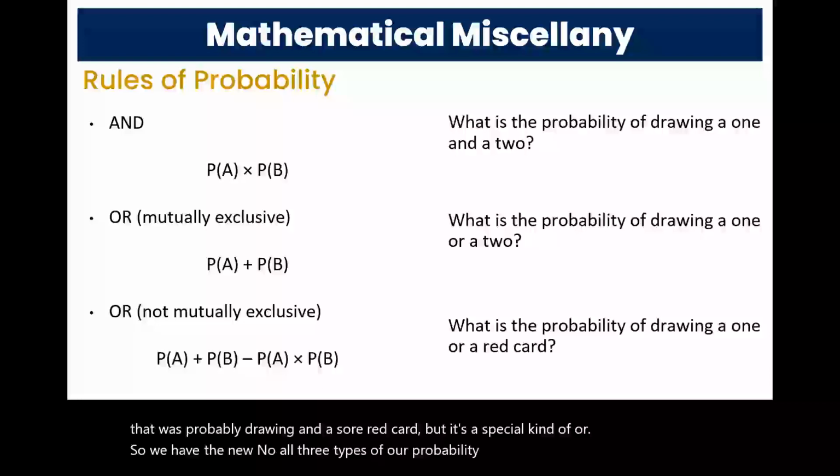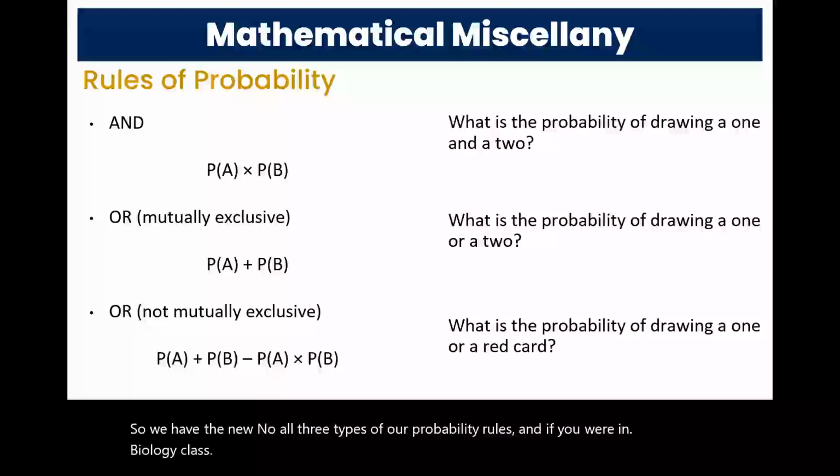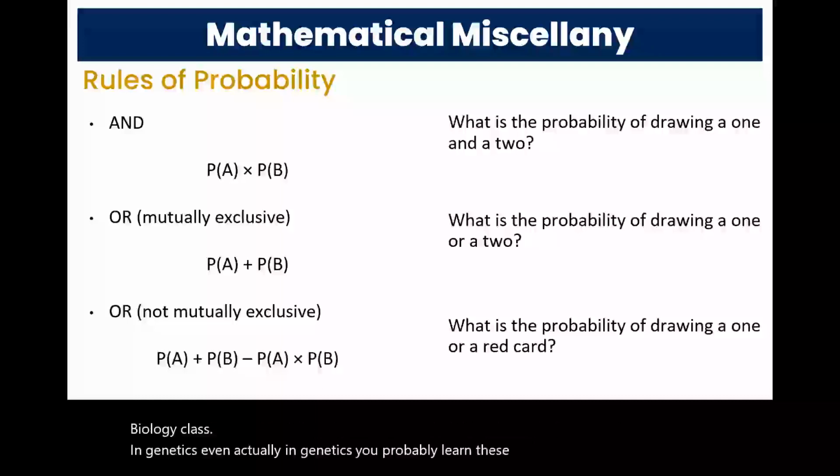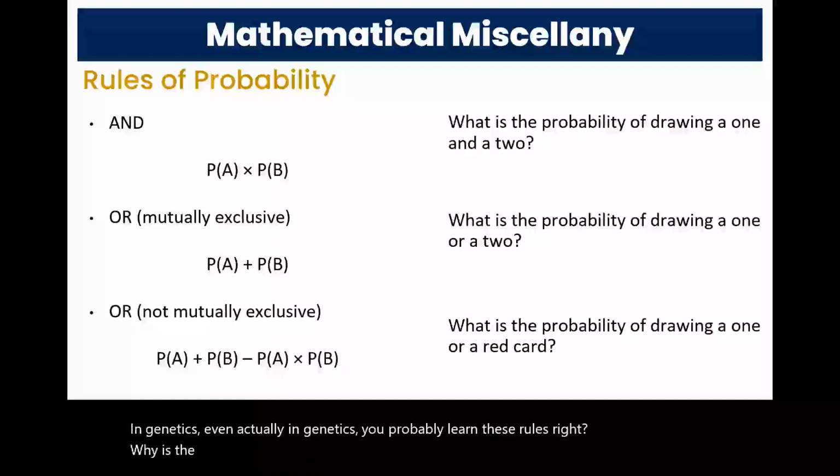And if you were in biology class, in genetics even, actually in genetics, you probably learned these rules, right? Why are these rules important in genetics?